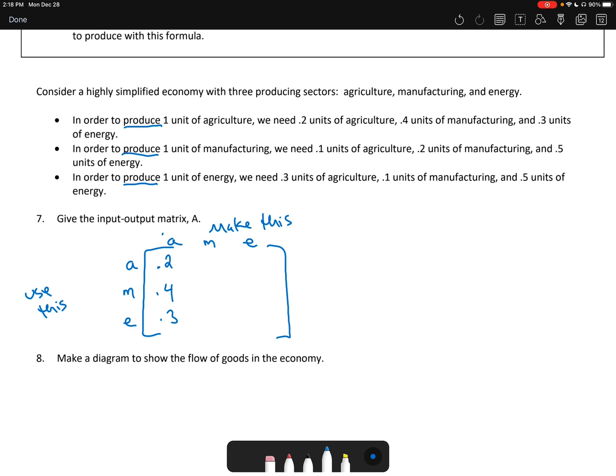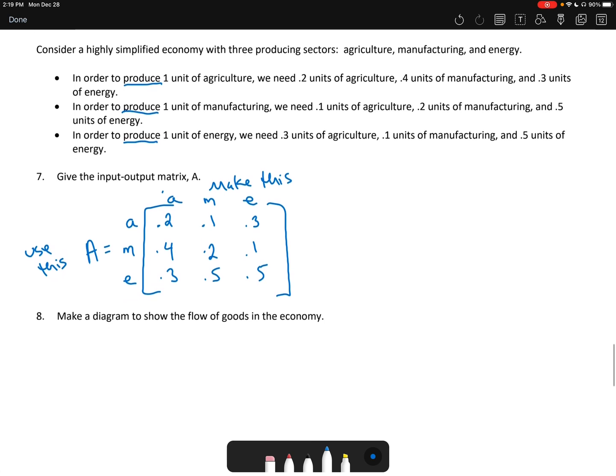To make 1 unit of manufacturing, we need 0.1 unit of agriculture, 0.2 units of manufacturing, and 0.5 units of energy. And in order to produce 1 unit of energy, we need 0.3 units of agriculture, 0.1 units of manufacturing, and 0.5 units of energy. So there's our A matrix, and we'll need that later.